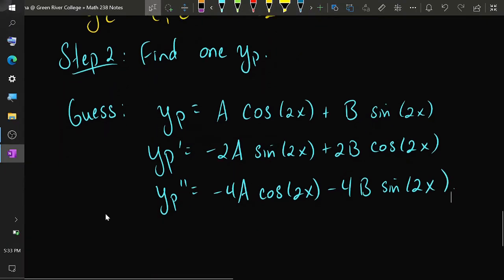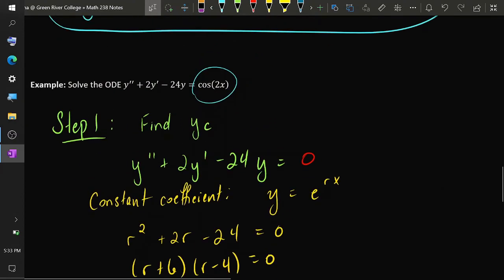So let's go ahead and plug this guess into our differential equation.